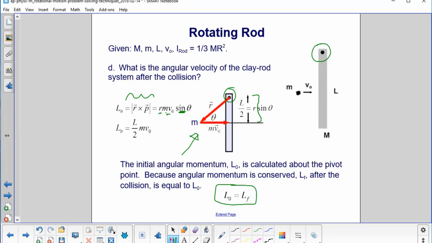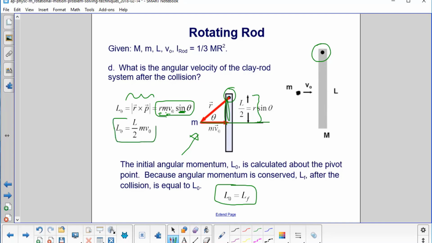Okay, that's the projection of r onto a vertical line, the line of action, connecting the axis of rotation and where my motion is over here. So here's your line of action. Okay, so we note over here where we have our r mv0 sine theta, which is just the definition of the cross product magnitude, we see that r sine theta is L over 2.